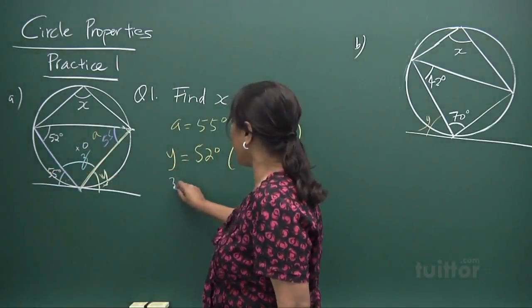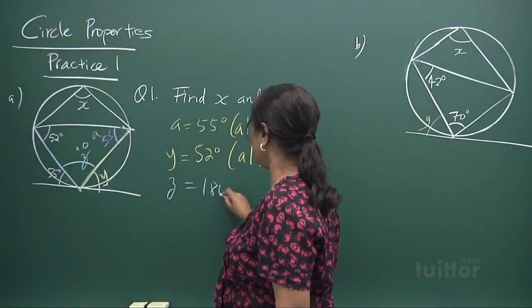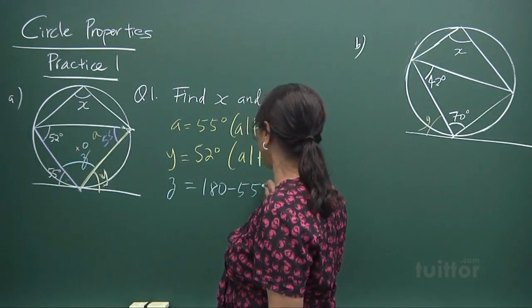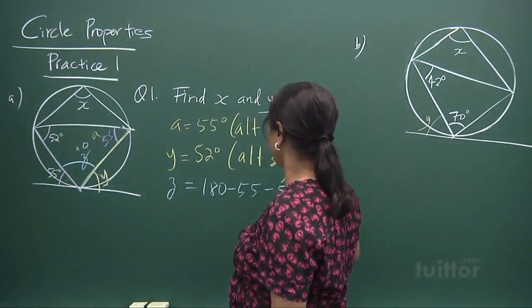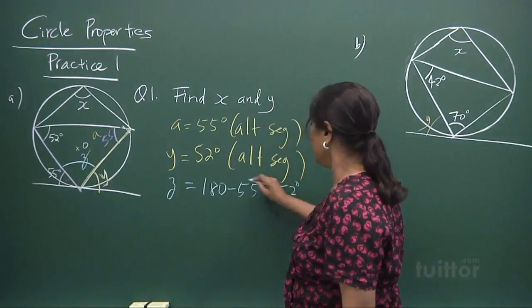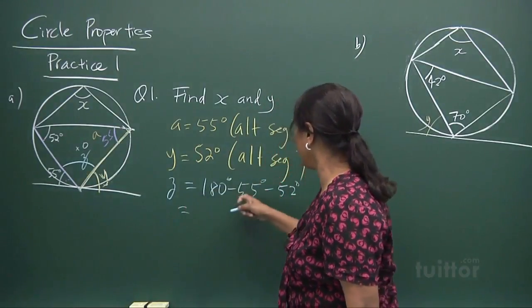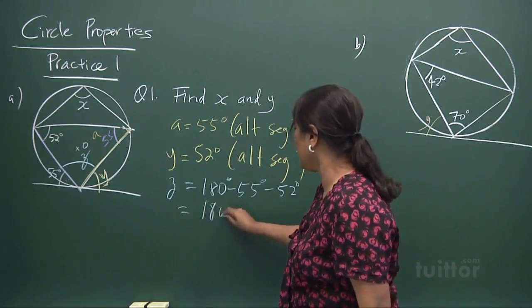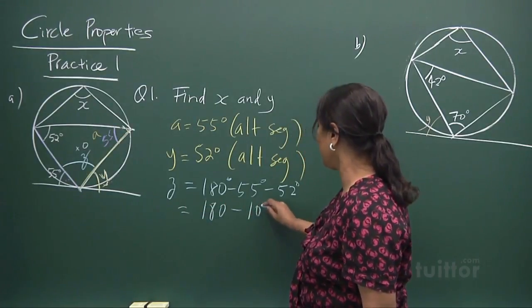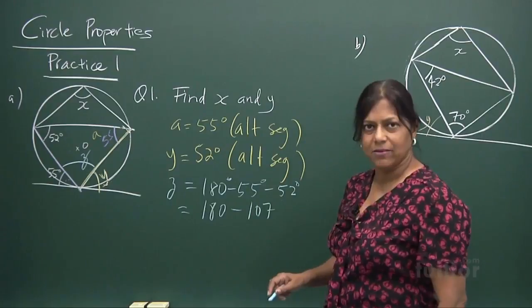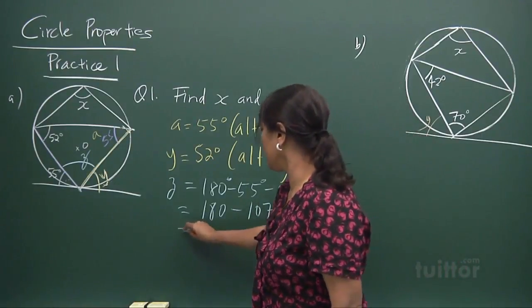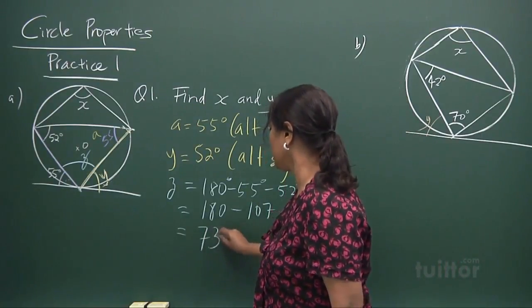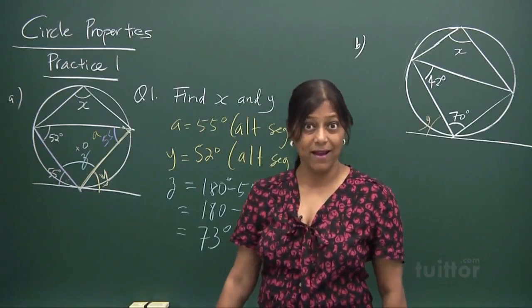So we can find Z: 180 minus 55 minus 52 degrees, which is 180 minus 107, so you've got 73 degrees.